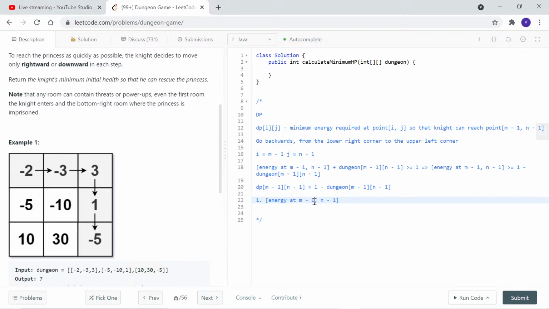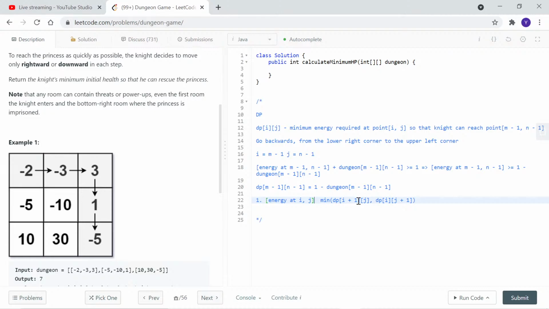Firstly, because it's possible we go right or go down, we can compare dp[i+1][j] and dp[i][j+1]. We compare those two energies, and then we select the smaller one.